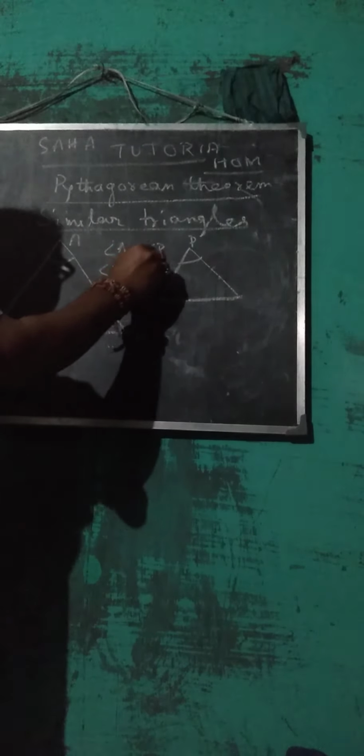So two triangles having the same angles, but their lengths may be different or the same, are called similar triangles. Now we will study how we can prove the Pythagorean theorem by the similar triangles rule.